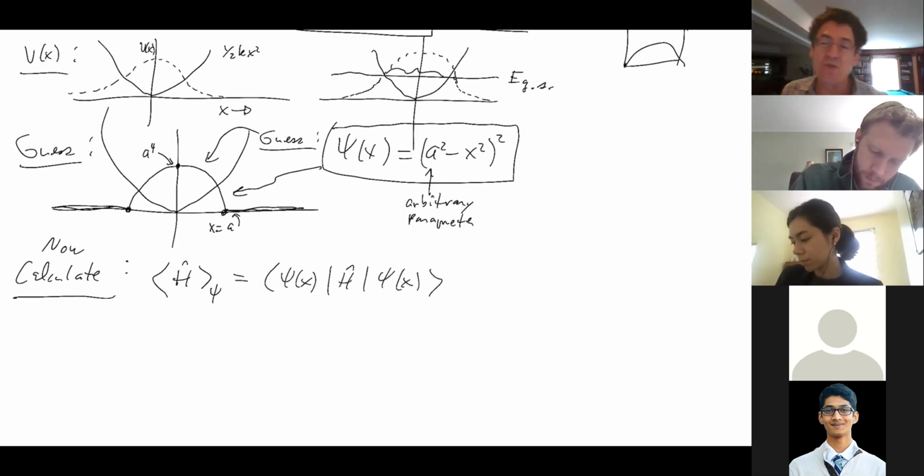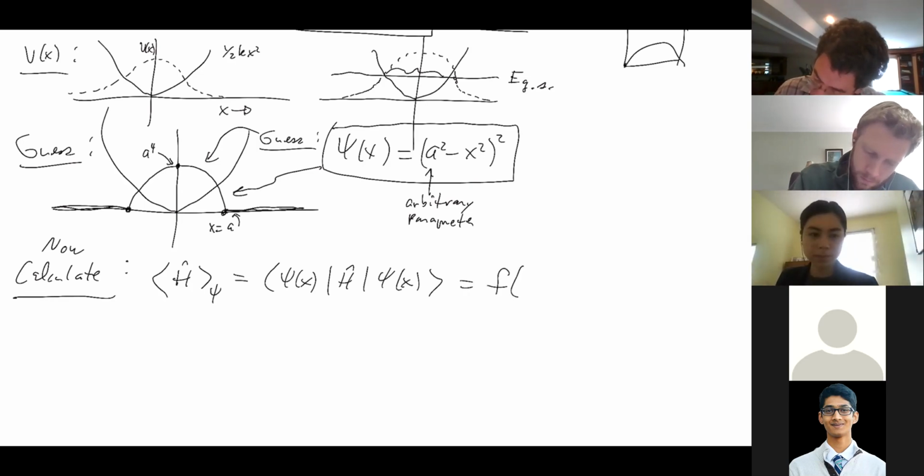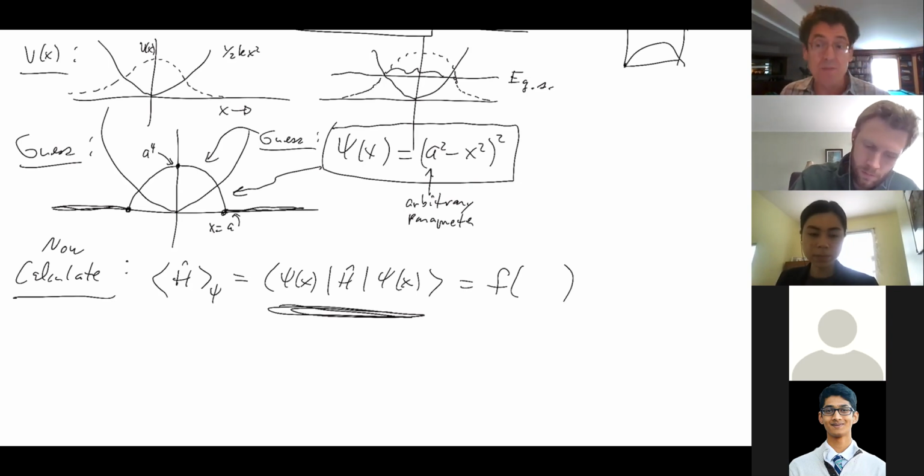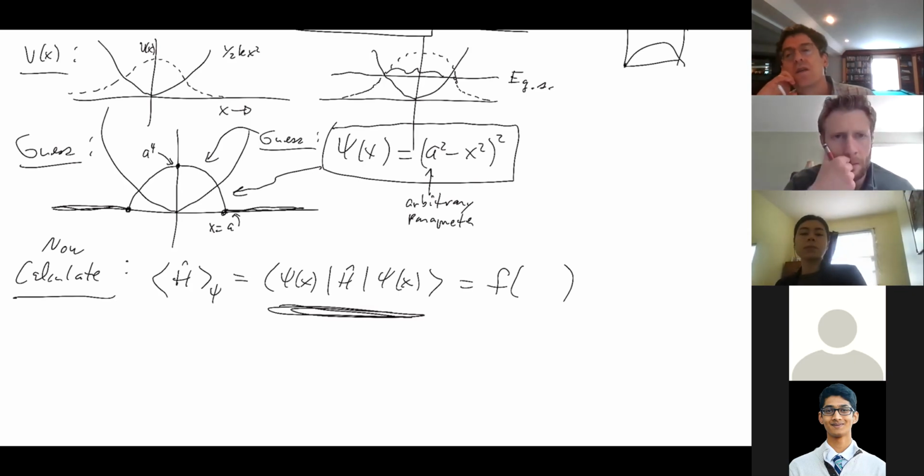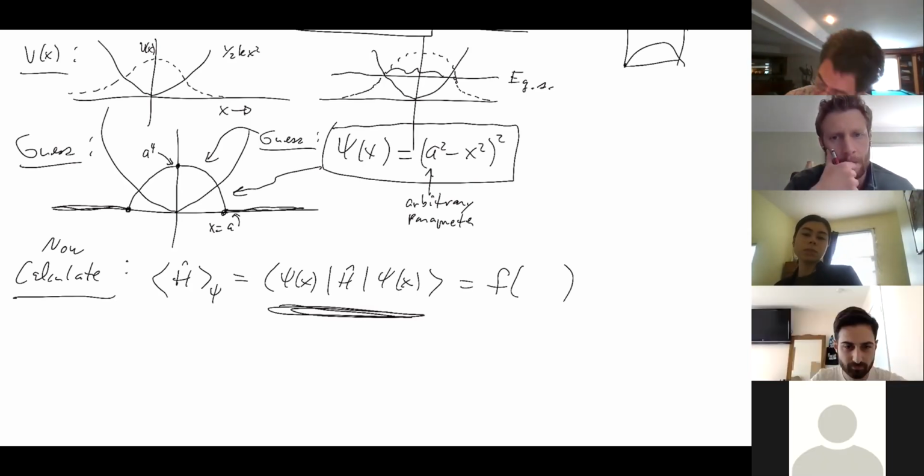I'm going to grind through it and calculate it. And then what am I going to do with the answer? Can you guess? Suppose I calculate this integral for this problem. It's going to be a function of what variable? Is it a? Yes.